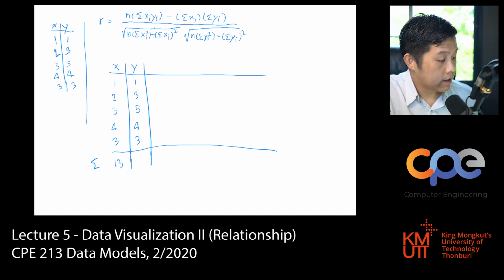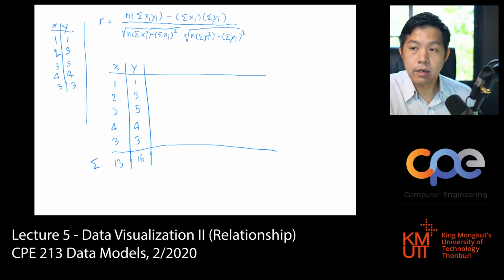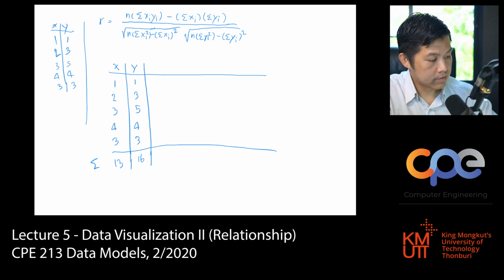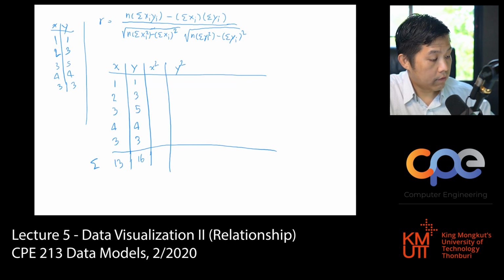Summation of y is 6, 10, 16. Then we need x squared and y squared. X squared is 1, 4, 9, 16, 9. Y squared is 1, 9, 25, 16, 9.